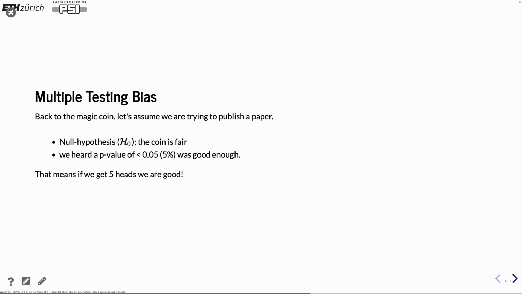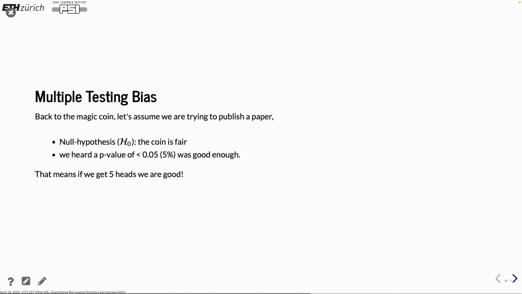So let's go back to testing again on our coin, and this time we do multiple testing. So we had our magic coin, and let's say we found it and are trying to publish a paper. Then we have our null hypothesis that the coin is fair.